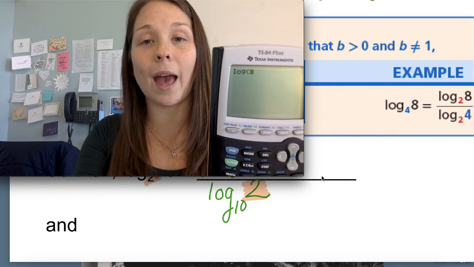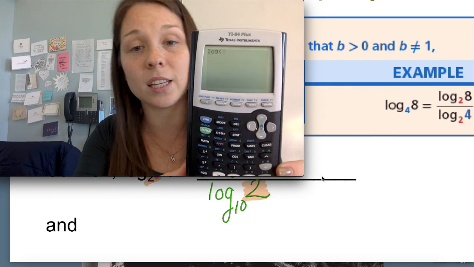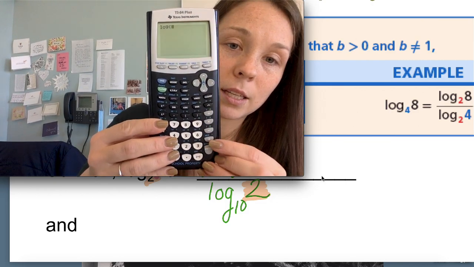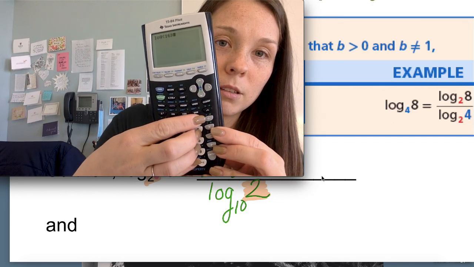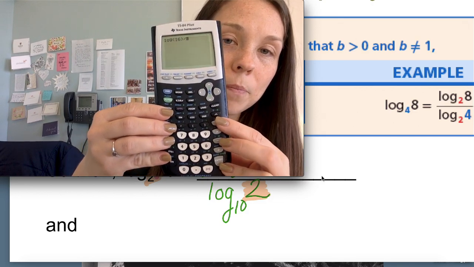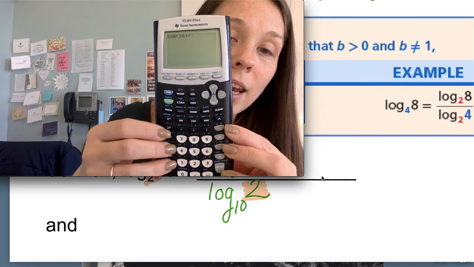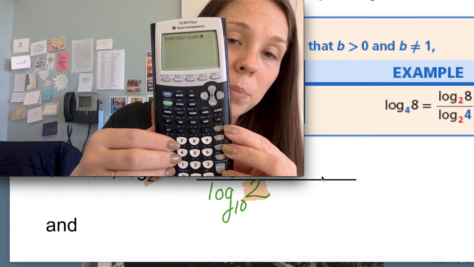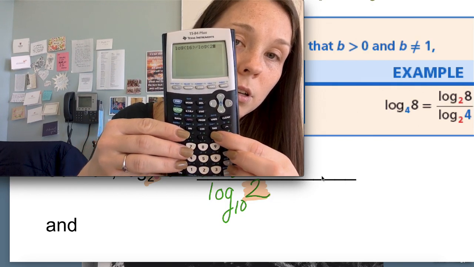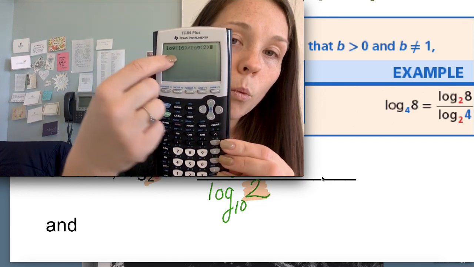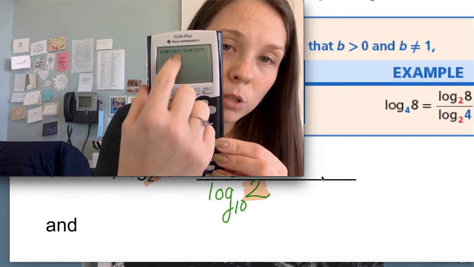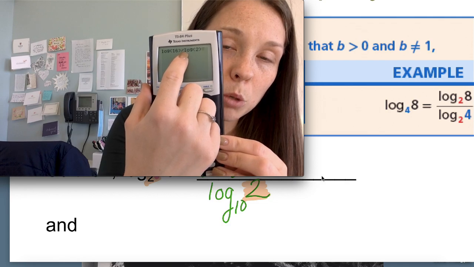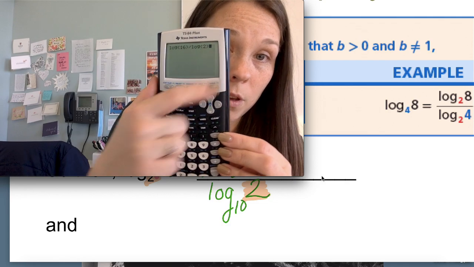So the first thing we have is log base 10 of 16. So then I'm going to type in 16. This is much more challenging to do this backwards, but we're making it work. All right, divided by, and then I have log base 10 of 2, like so. One important piece is to make sure that next to the 16, you close the parentheses before you hit the division bar and start typing in the second logarithm.